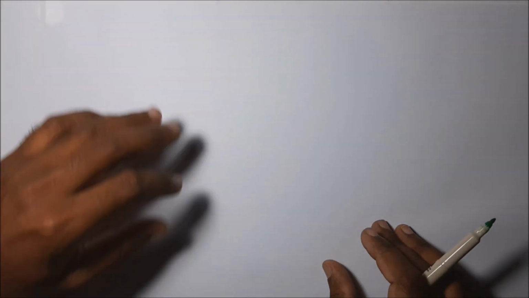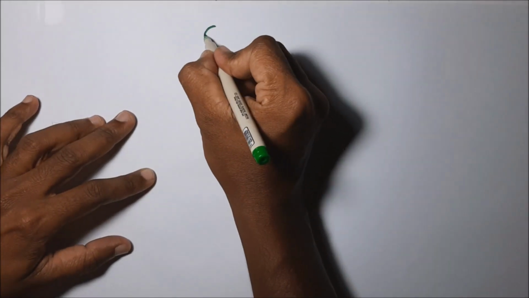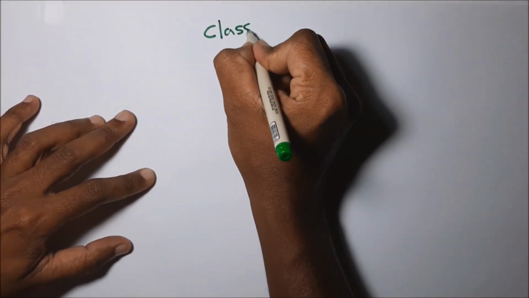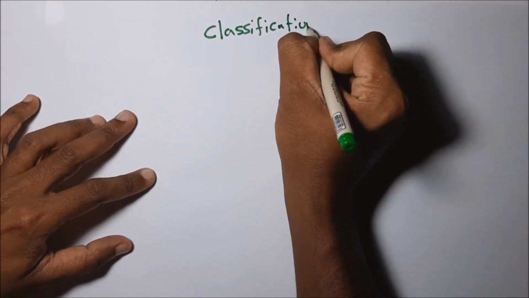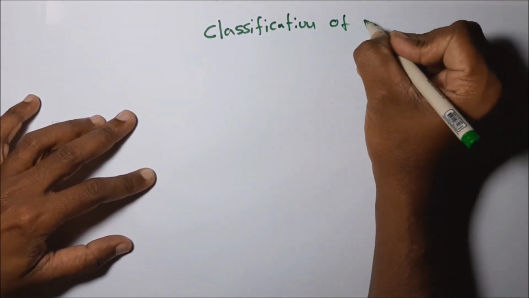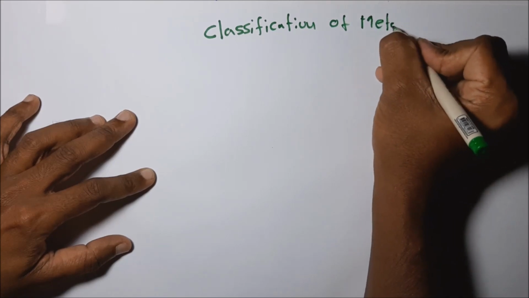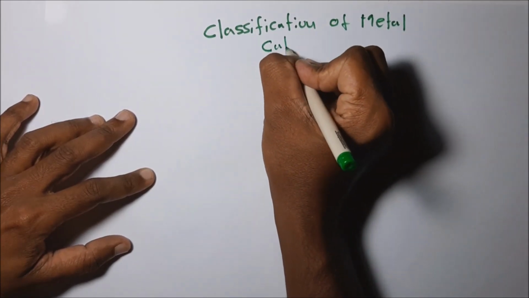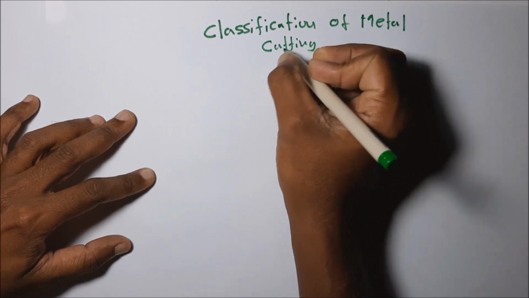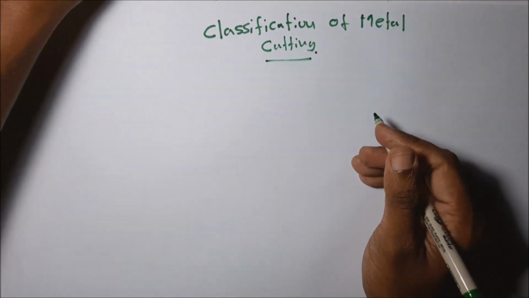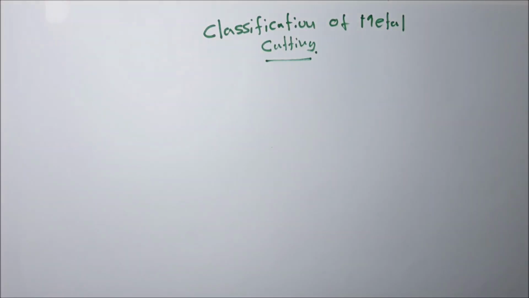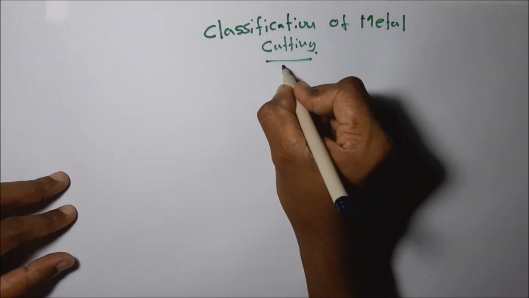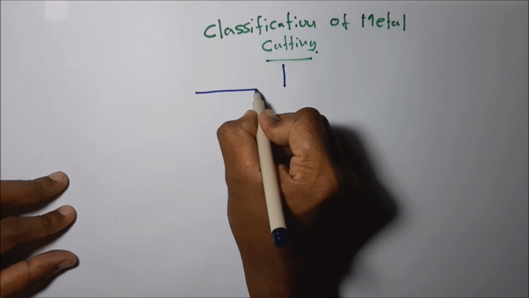Okay, then the next subtopic is classification of metal cutting. The classification of metal cutting. All the metal cutting operations we can classify into two, called orthogonal cutting and oblique cutting.